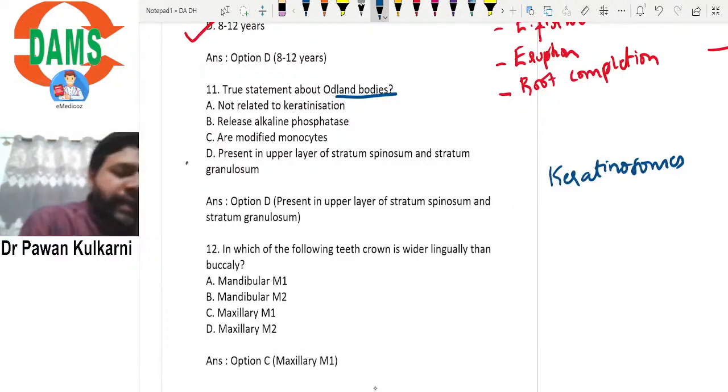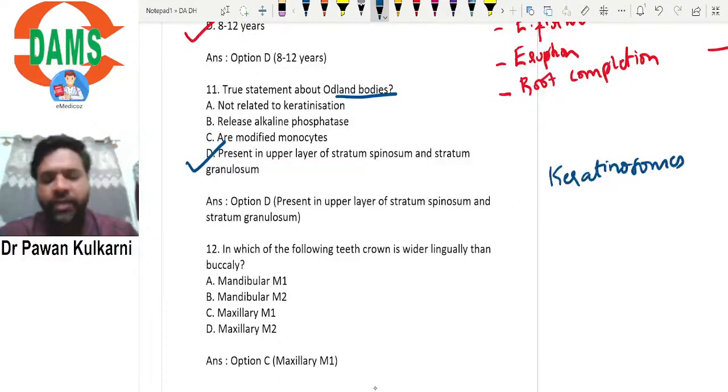So the correct statement is that they are present in the upper layers of the stratum spinosum and stratum granulosum, in both keratinized and non-keratinized epithelium. The statement that they are not related to keratinization is false.